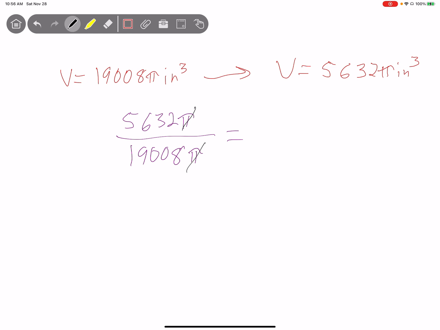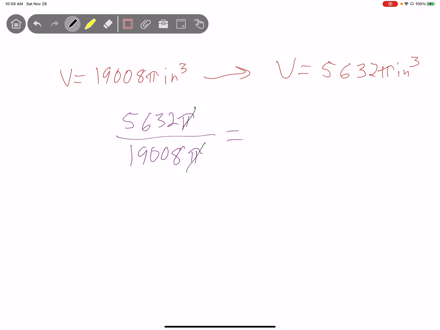And then 5,632 and 19,008 are both divisible by the same thing. They're both going to be divisible by 704.